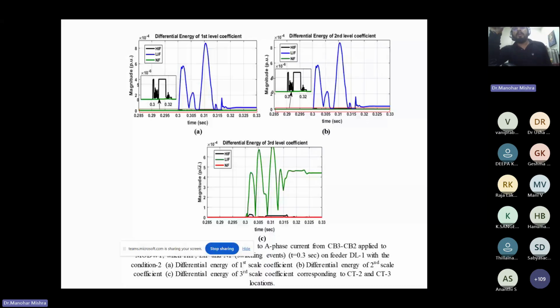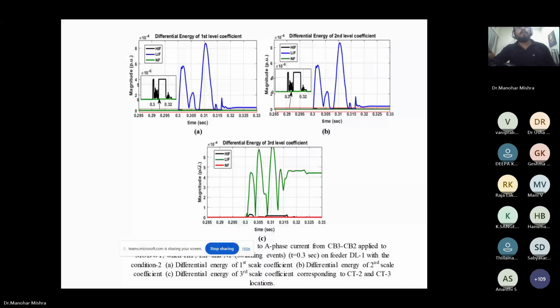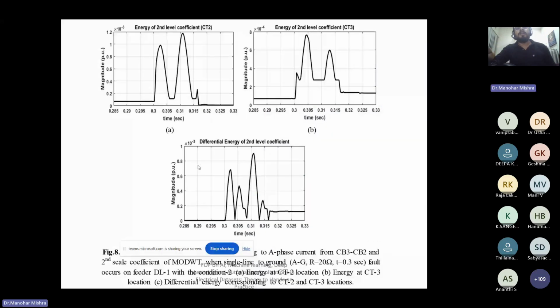Similarly, the differential energy for the second level, and the differential energy for the third level coefficient. Here green is the low impedance fault, and here also it is higher. Similarly, this is the AG fault, and here also we have calculated like this.